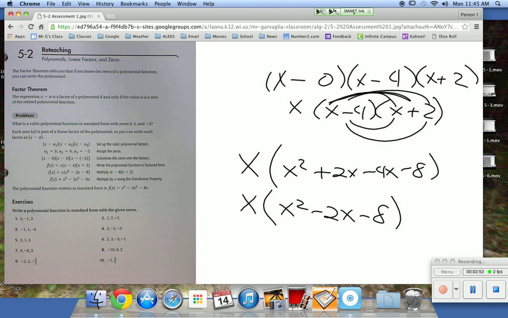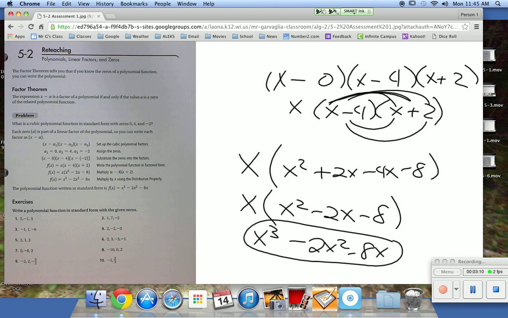Multiply it by each one of these. So x times x squared is x cubed, minus x times negative 2x, so negative 2x squared, minus 8x. So that is our solution. That would be your answer.